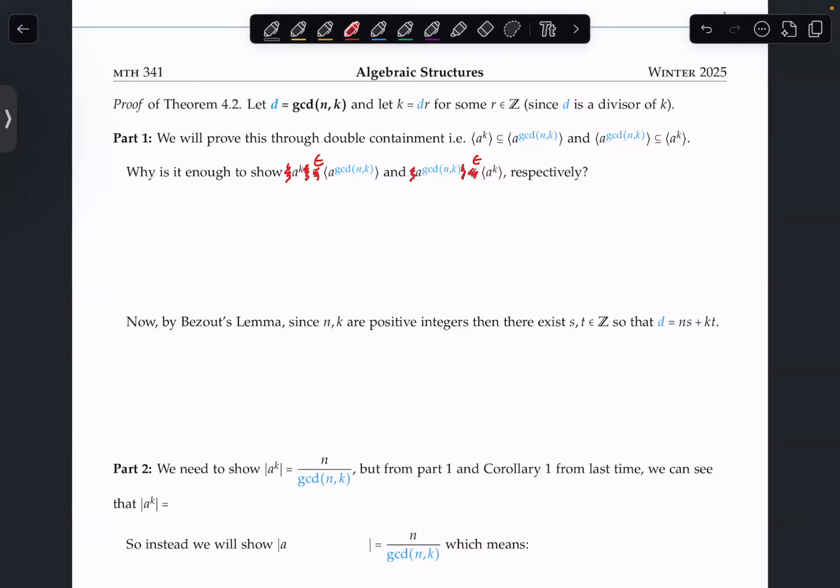Can we see why this would be enough? If I know my generator is inside a group, why do I know the group generated by it has to be in there? What property can I use here? Closure. As soon as I have one element in it, I know I can multiply by itself and land back inside the set because it's a group.